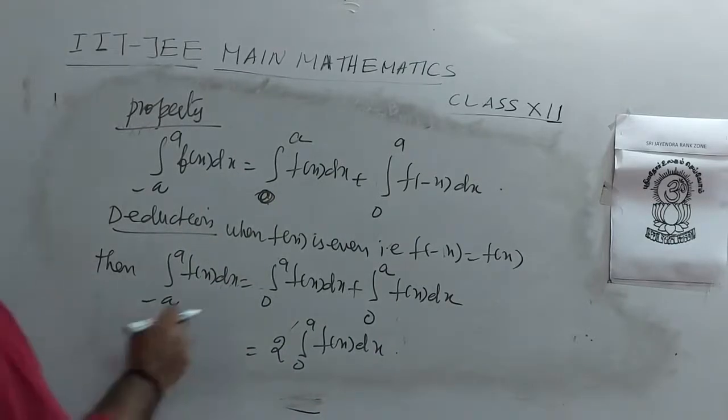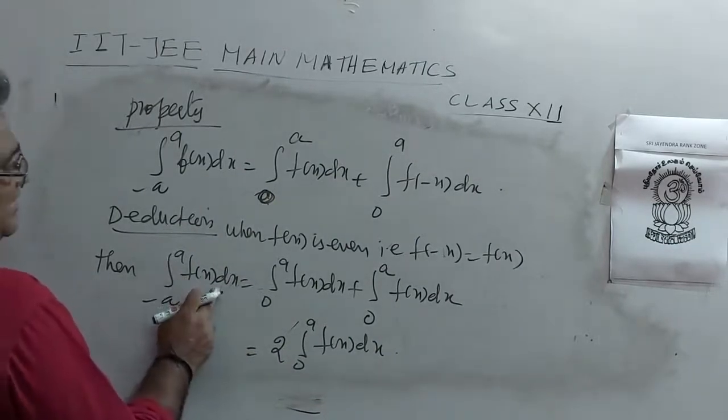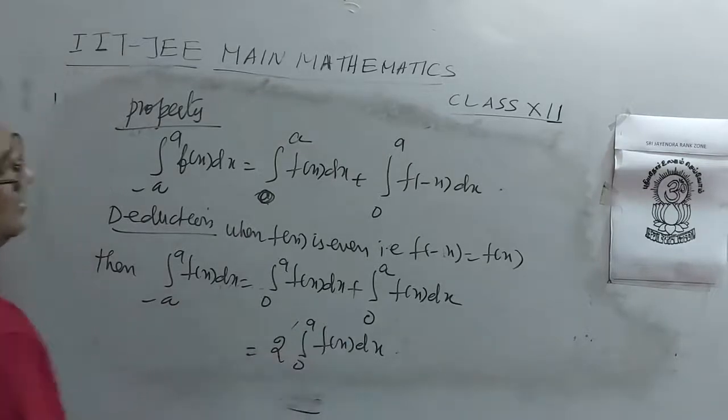So when our function is even, integral minus a to a f of x dx equals twice integral 0 to a f of x dx.